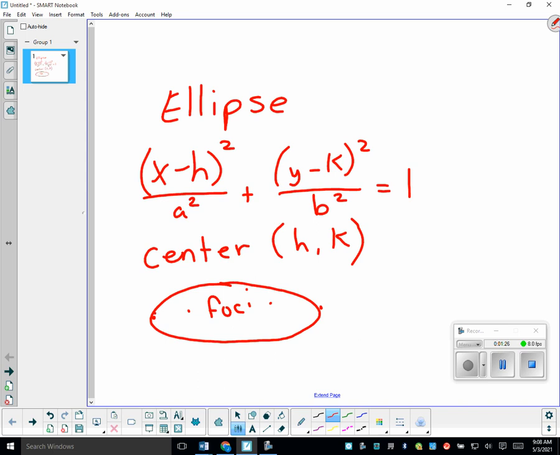This distance right here, that is an axis. Does that make sense to you? This is the major axis. This is the minor axis.